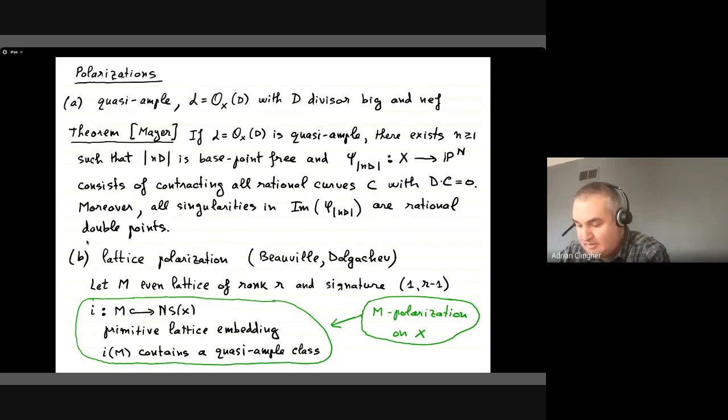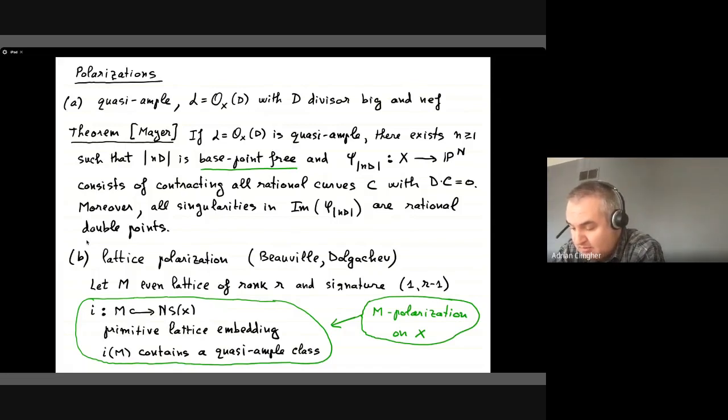And that is sometimes, most of the times, good enough for K3 surfaces because of the following theorem of Mayer, which says that if I have such a quasi-ample polarization, then for a certain multiple of the divisor, the linear system will be base point free. And if I consider the map into the corresponding projective space induced by this linear system, then this map is going to be quite nice.